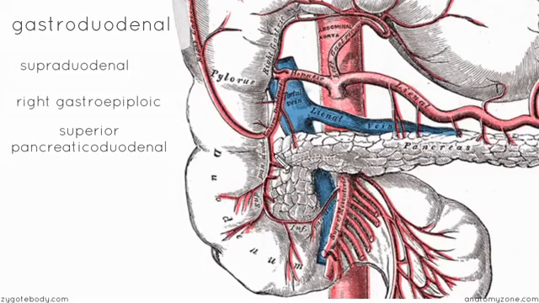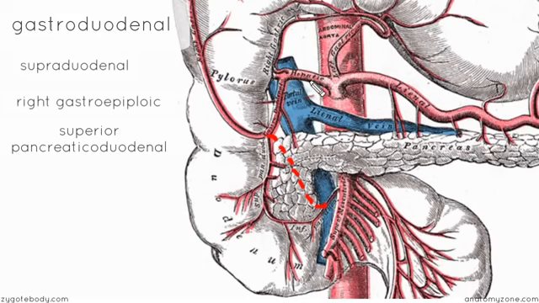But the superior pancreatico-duodenal artery also gives off a posterior branch which runs behind the pancreas, and then it joins up again with the inferior pancreatico-duodenal artery.